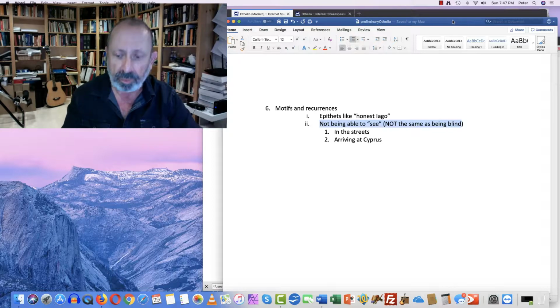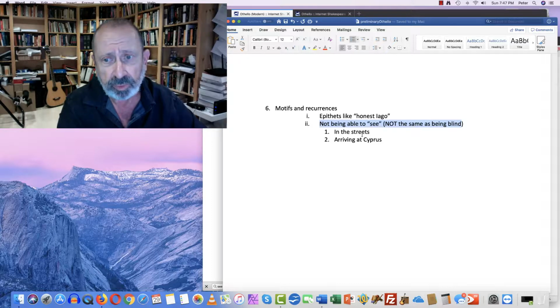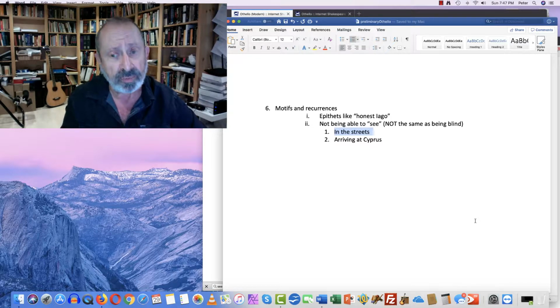So the problem is that the epistemological nature of Shakespeare's world is so confusing that everybody has trouble seeing. The opening scene, if you look at it, is Rodrigo and Iago in the streets below Brabantio's balcony. And Brabantio can't see who's talking.